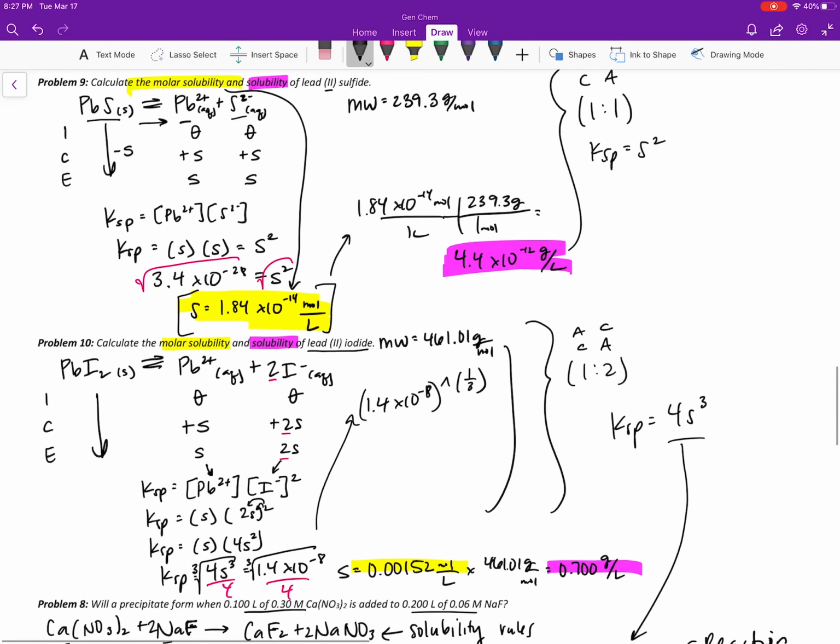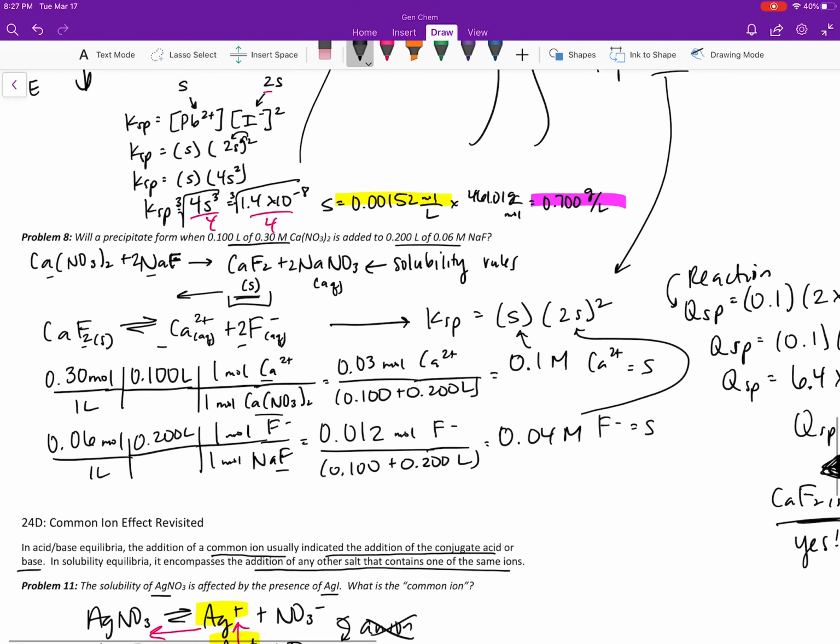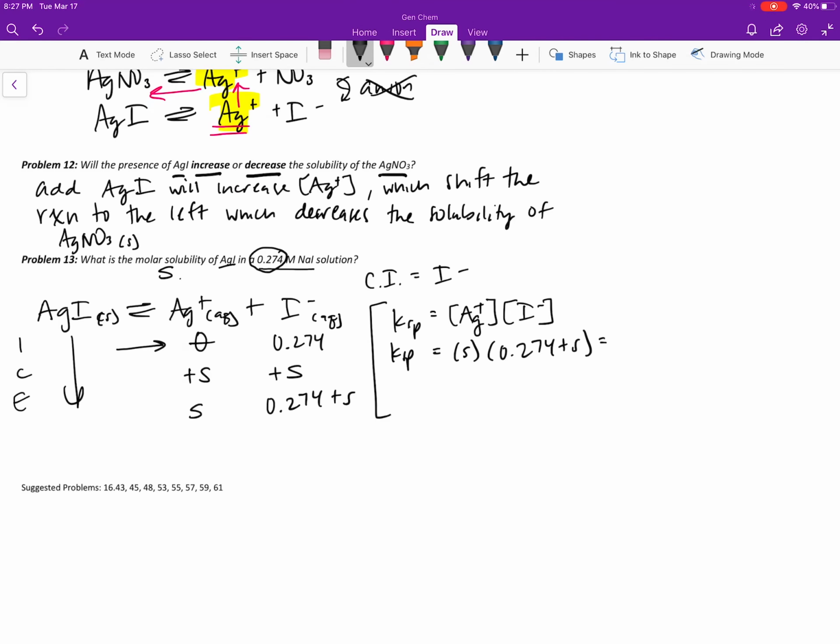If we look up our KSP value for silver iodine, and you do not need to memorize these, I will give you these on a test: silver iodine, 8.3 times 10 to the negative 17th. We're going to end up distributing the S into the parentheses, moving the KSP to the left-hand side.